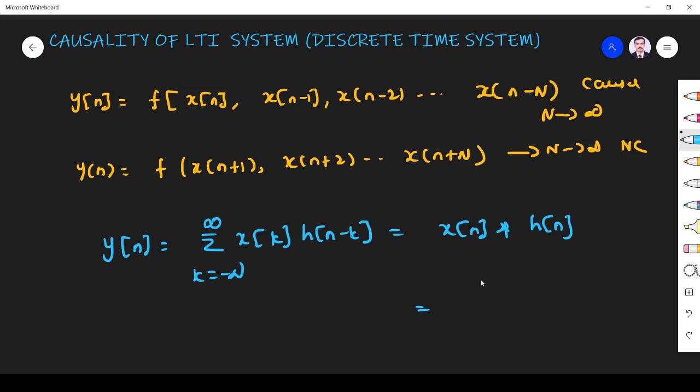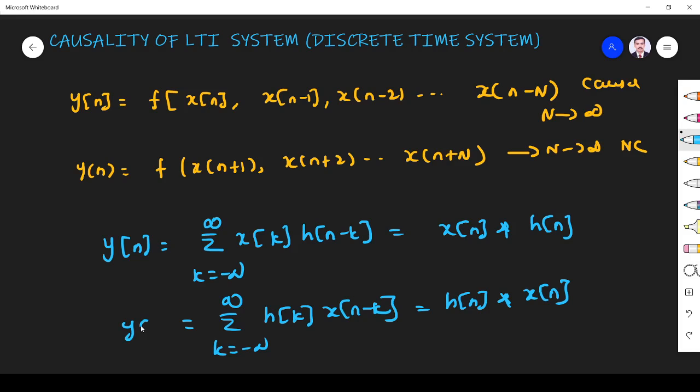As per the commutative property of convolution, x of n star h of n can be written as h of n star x of n, that's equal to summation k goes from minus infinity to plus infinity h of k x of n minus k. This is the output of any LTI system.